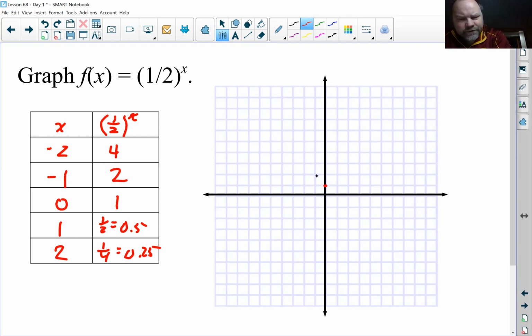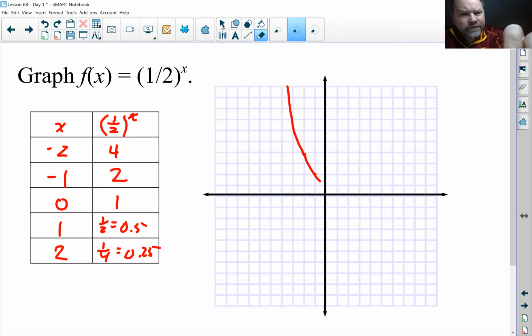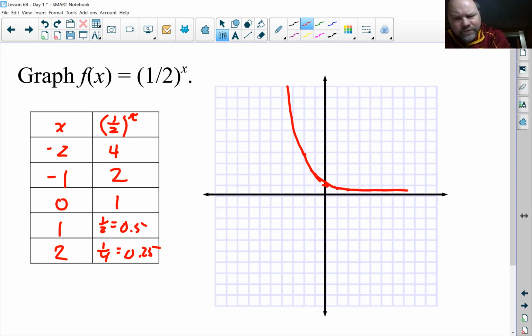And what you'll notice is we get a mirror image of our previous function. Let's see if I can sketch. Ooh, I was going okay until the end there. Like that.